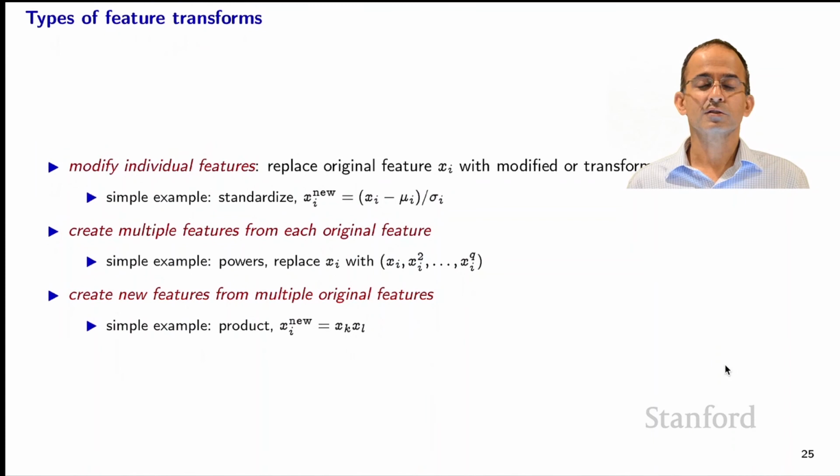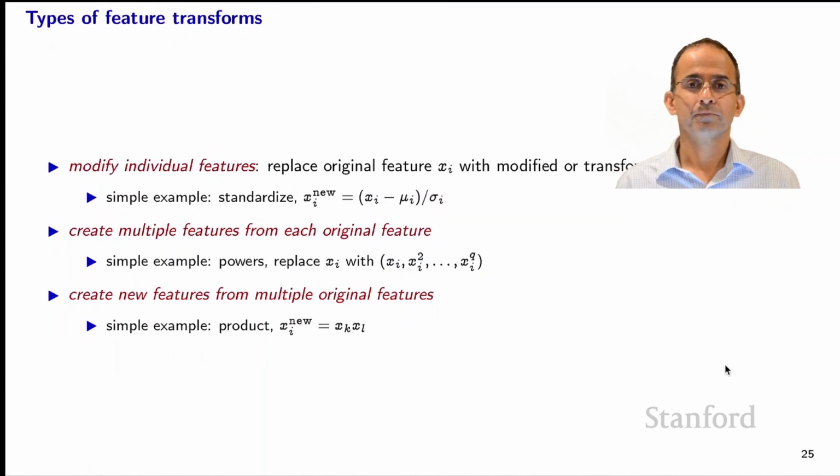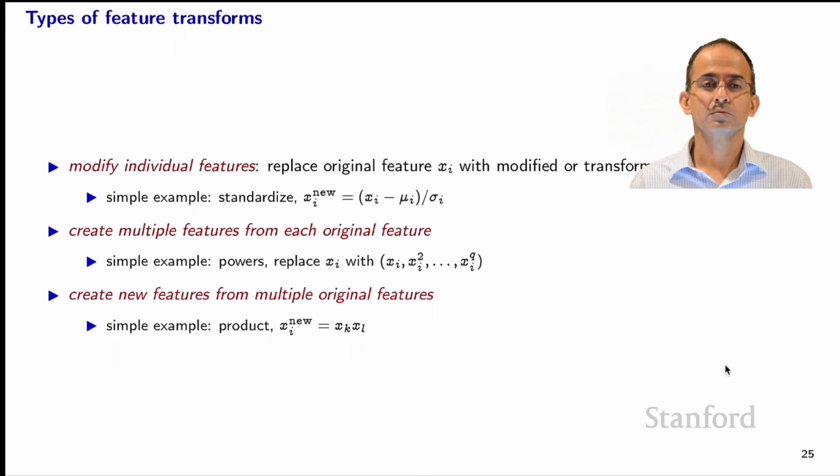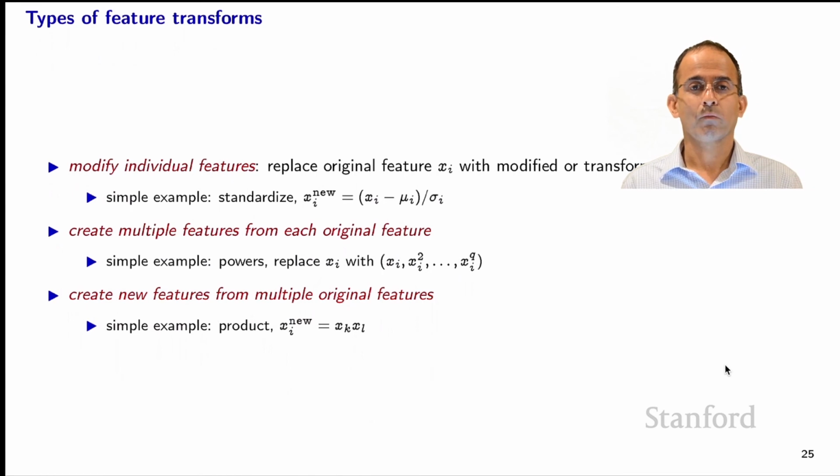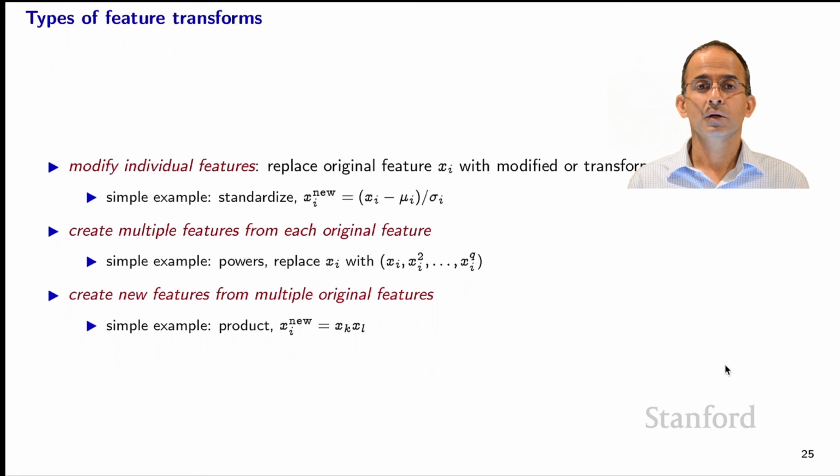There are several different types of feature transforms. One is to modify particular features that you have. So you've got a feature xi, and you replace it with a transformed feature, xi new. You might standardize, for example. Another thing you can do is take one feature and create multiple features from it.